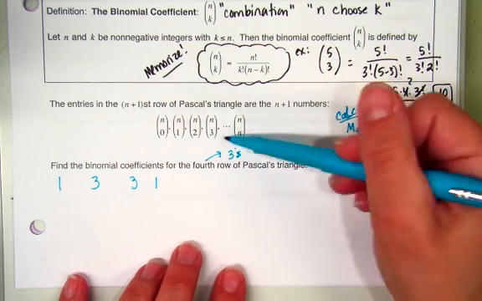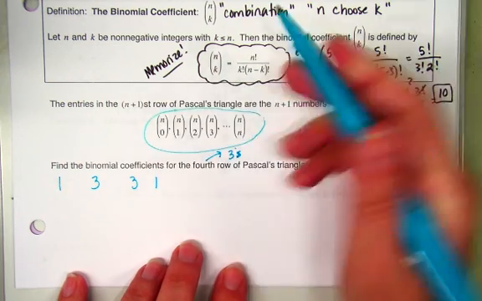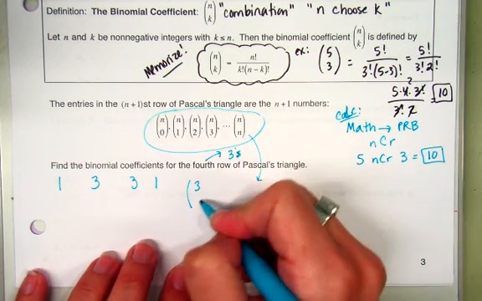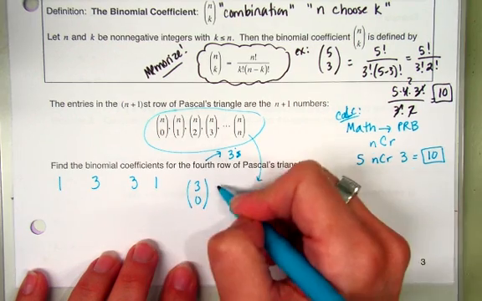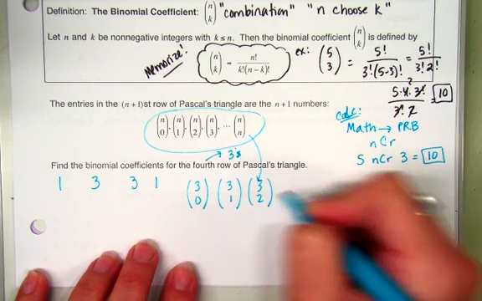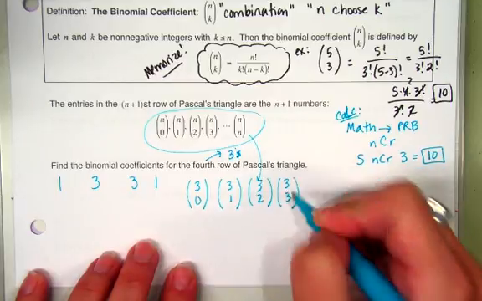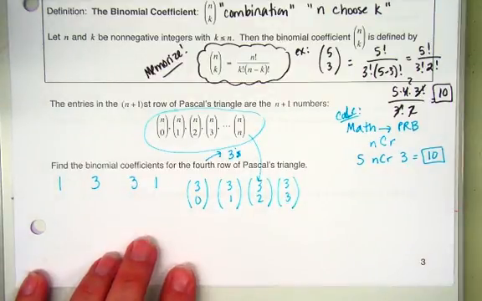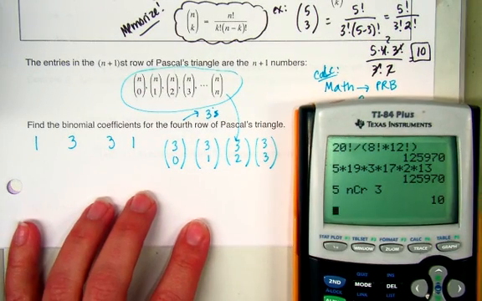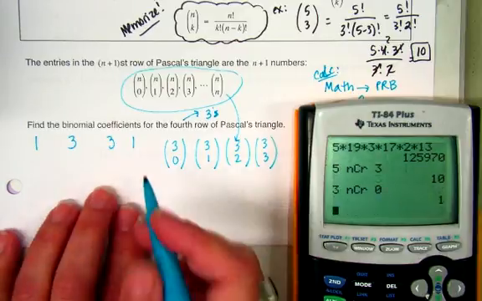So using these, okay. Well, n is going to be 3. Choose 0. That should be the first one. 3 choose 1 should be the second one. 3 choose 2 should be the third one. And 3 choose 3 should be the last one. So when I do each of these, and again, you can just do them on your calculator here to save time. So if we do 3 choose 0, oh look, we get 1.